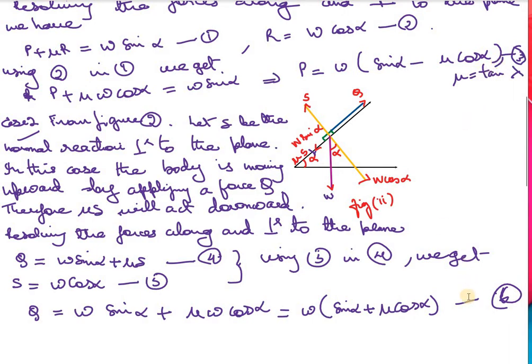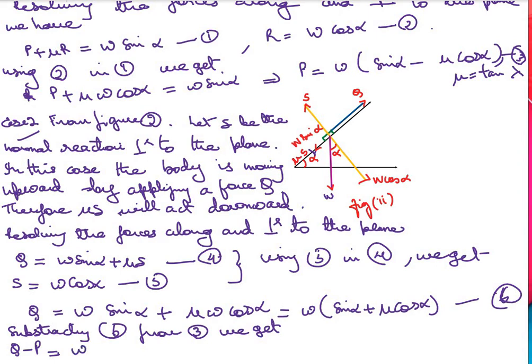So subtracting 6 from 3, the left hand side of 6 subtract the left hand side of 3, so you have Q minus P. Q minus P will be equal to W sine alpha plus mu cos alpha, and then minus W sine alpha minus mu cos alpha, taking W common for all the terms.